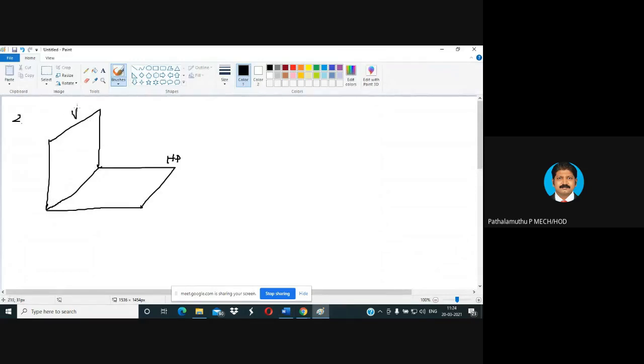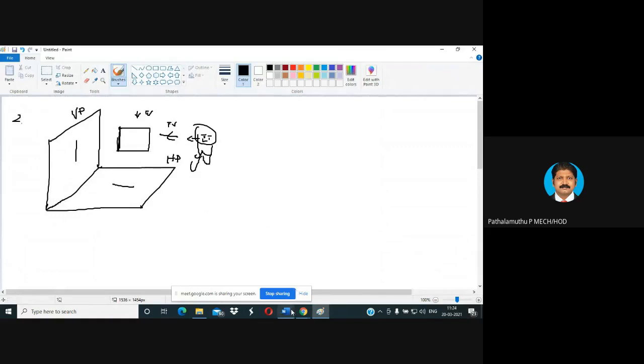Now, you are the observer of the front view. The front view has a straight line, and the top view also has a straight line. So the front and top views do not show the clear view. The side view shows the true shape of the plane. So the second question's answer is side view.